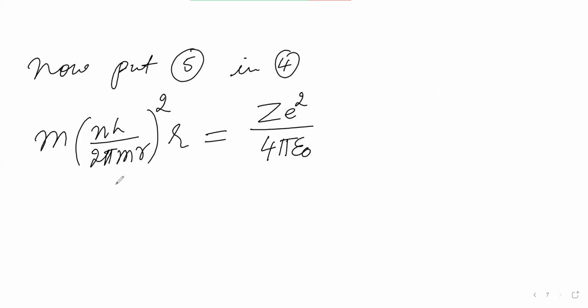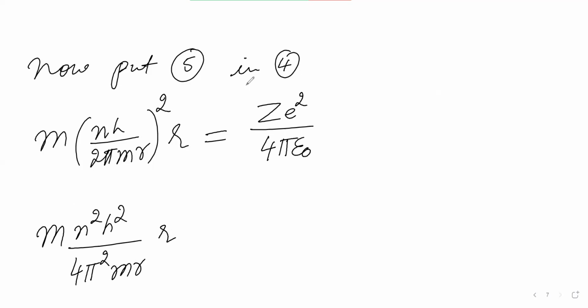Okay, and here square is missing. So now N square, H square, whole divided by 2 square means 4, 4 pi square, M R into R. I'll write this R here. So here M square, R square, correct?